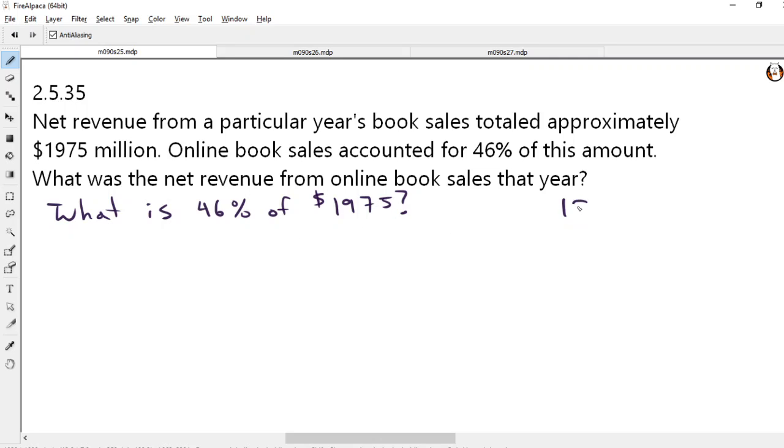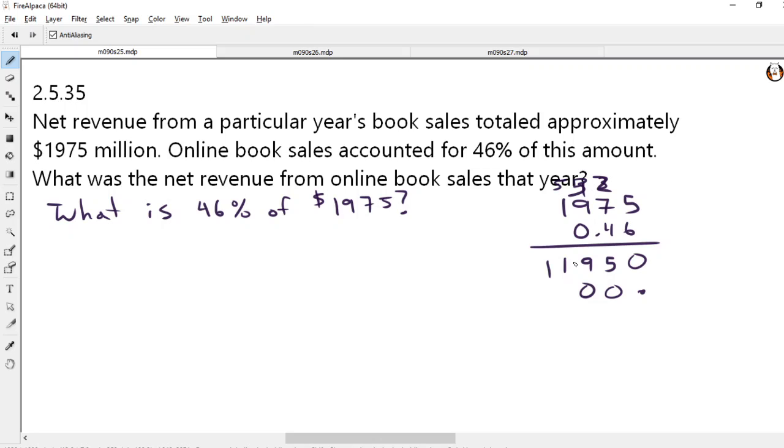So I'm going to take 1975, I'm going to multiply it by 0.46, and we'll get our answer. Skip a space, 20, 28 makes 30.